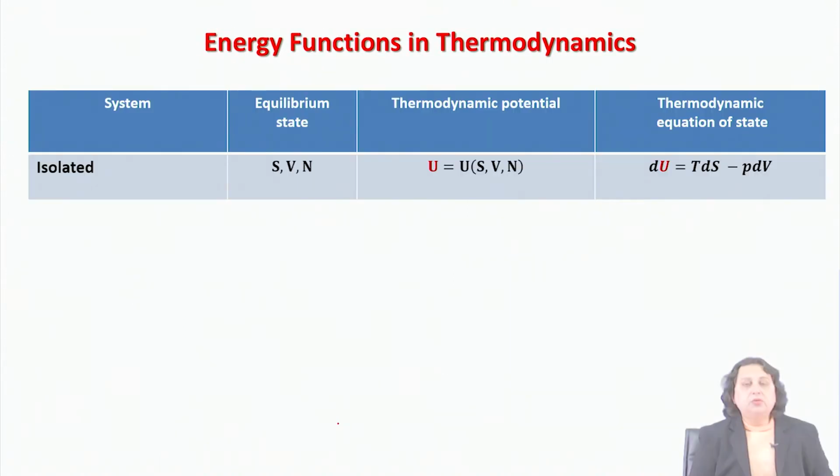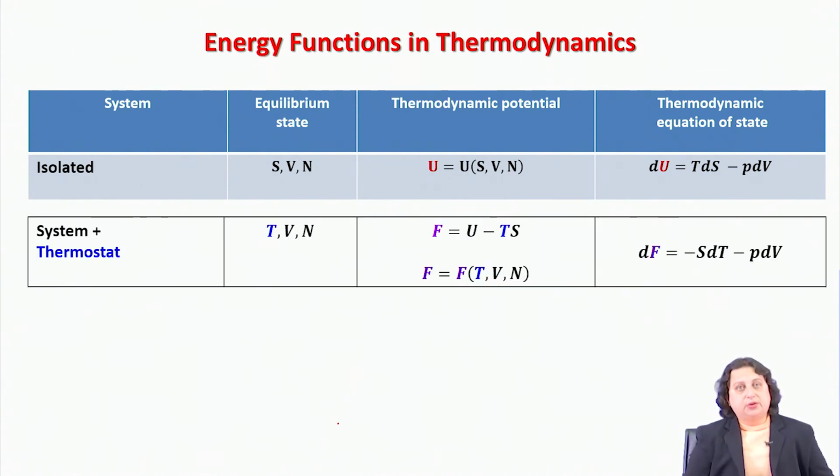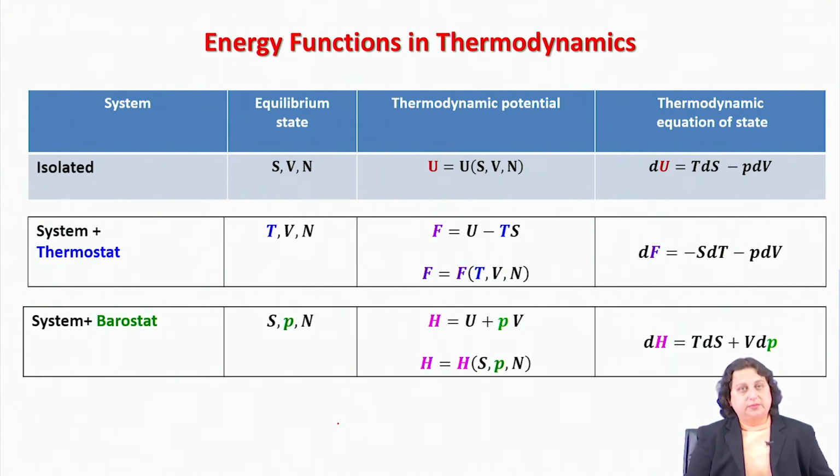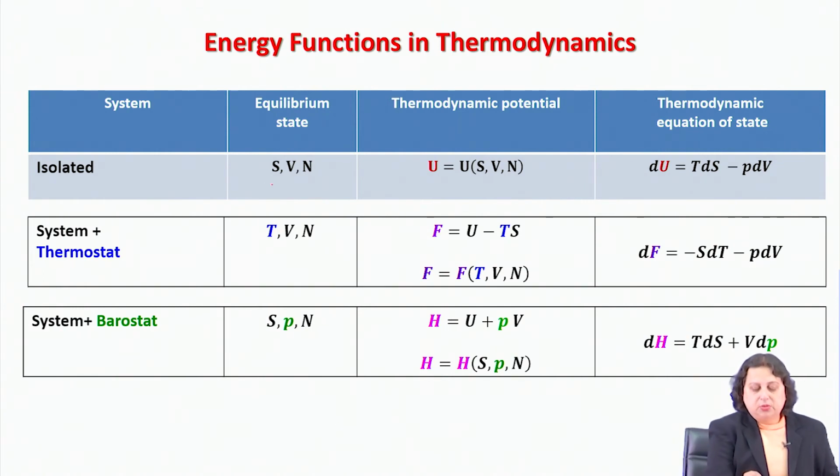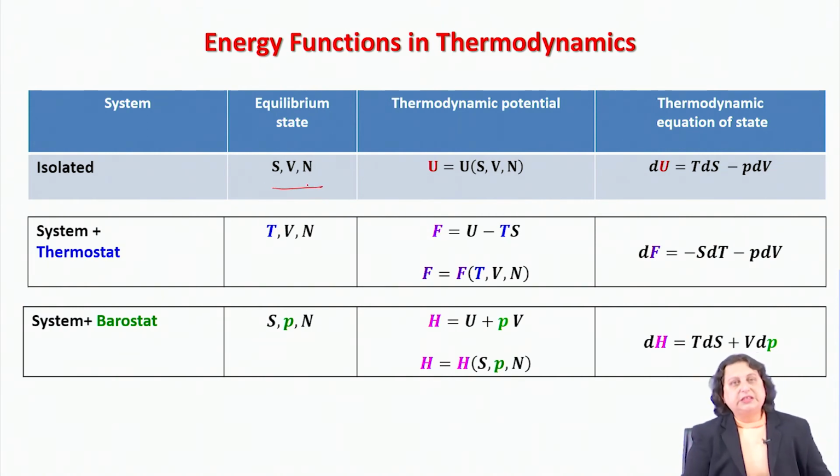So let us have a look at the different thermodynamic potentials or the energy functions that we have come across so far in thermodynamics. If we had an isolated system, the equilibrium state could be defined by specifying the entropy, volume and the number of particles, and the corresponding thermodynamic potential would be a function of these three variables.